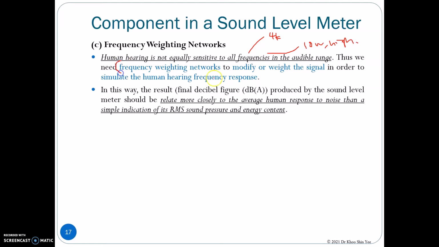We need the frequency weighting network, such as the A-weighted network, to modify or weight or correlate the signal in order to simulate the human hearing frequency response. Without the weighting, the microphone simply indicate the RMS value for the sound pressure and the corresponding energy content in the dB unit.